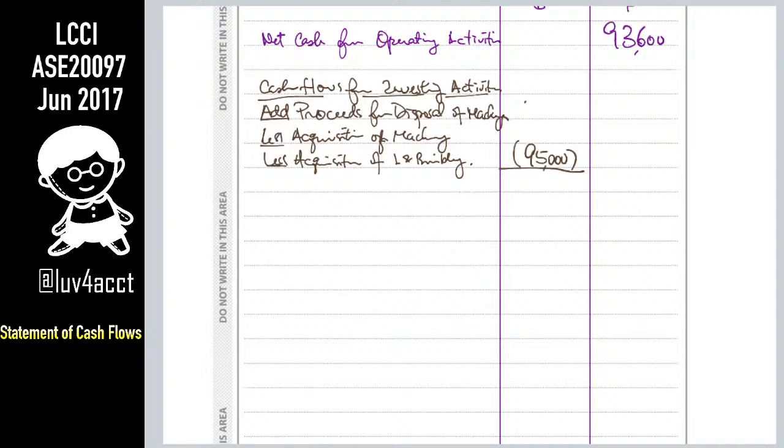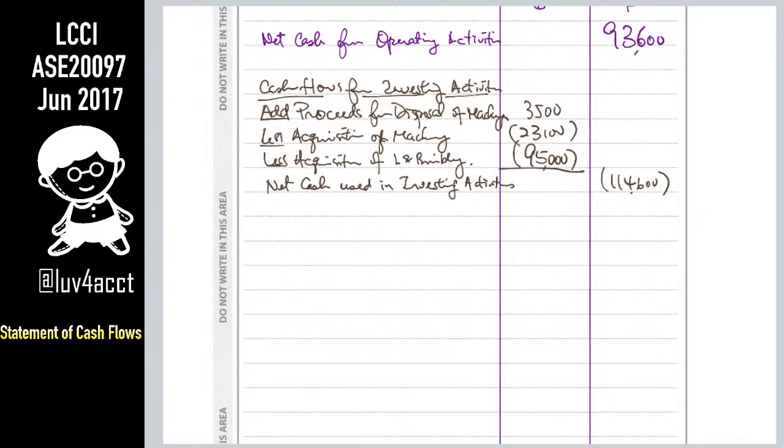Here we have 3500 and 23100. The total is $114,600, negative of course. Net cash used in investing activities.